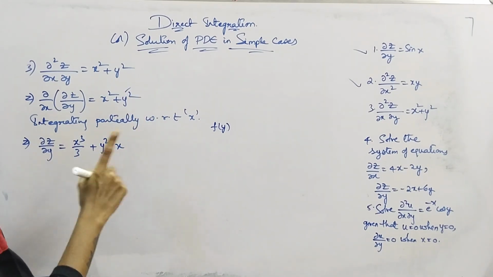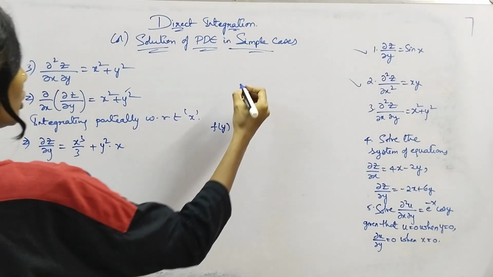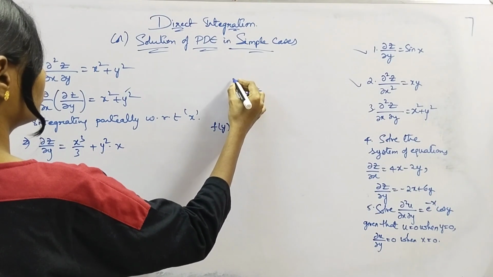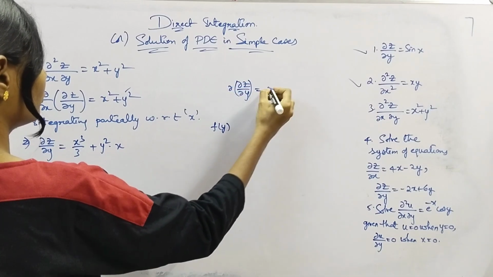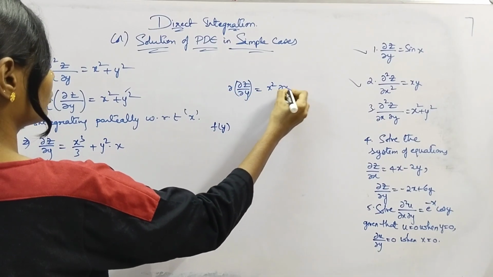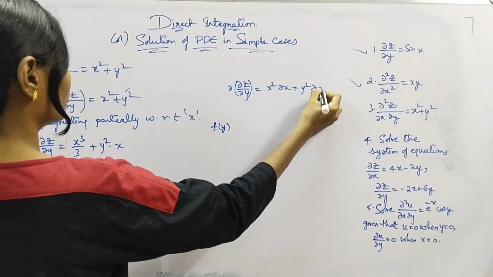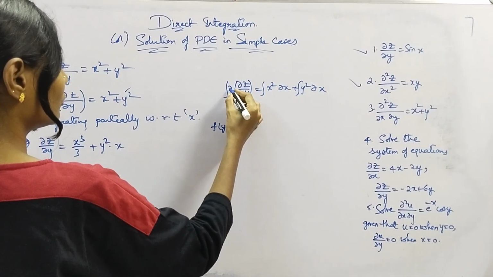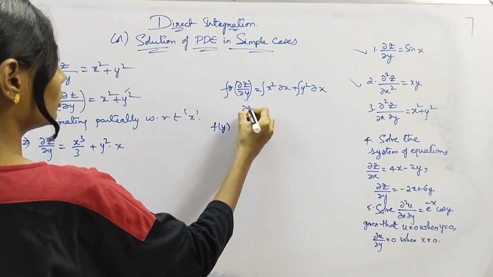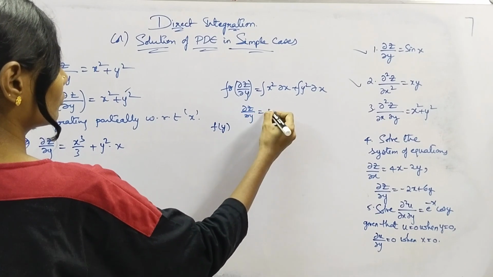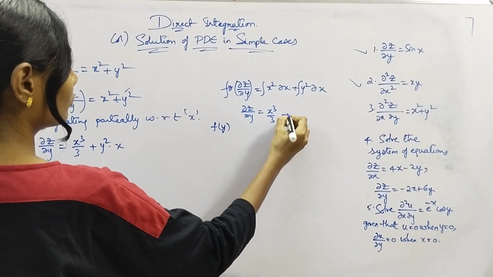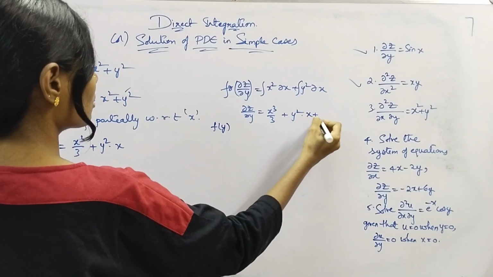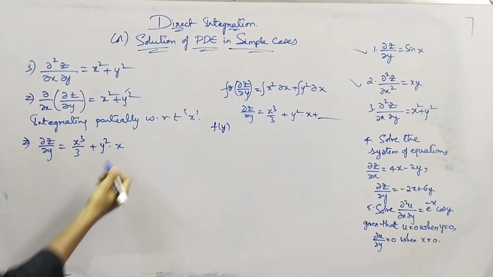We have seen this in the earlier problem. y square is constant, integral dou x will be x plus some integral constant. This is what we are going to write.